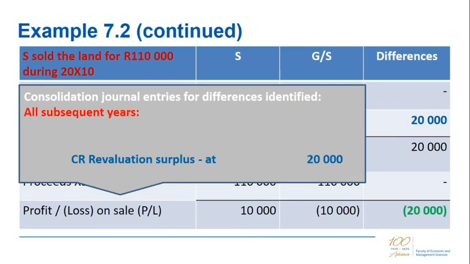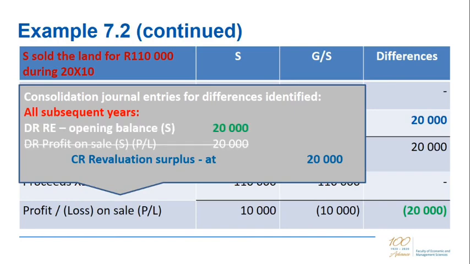Now's the question, what do I debit? I am now in a subsequent year. The profit made by the subsidiary has moved into the retained earnings of the subsidiary. So the line item in all subsequent years that's different in S from what I want it to be in the group will be the retained earnings opening balance of S, and that will now be adjusted with that 20,000 Rand.